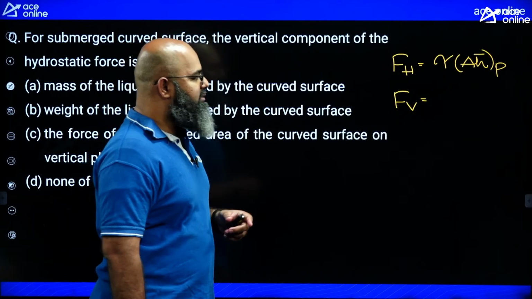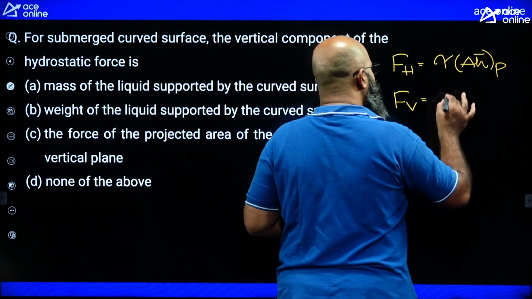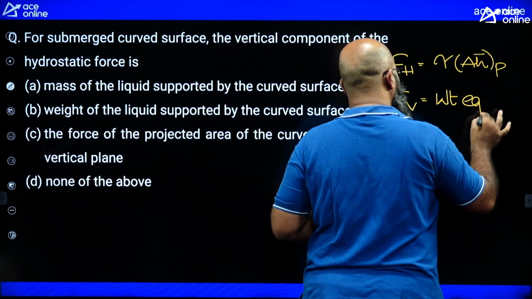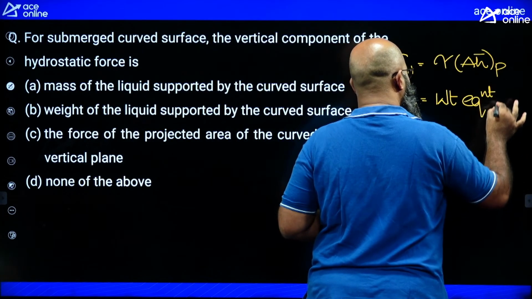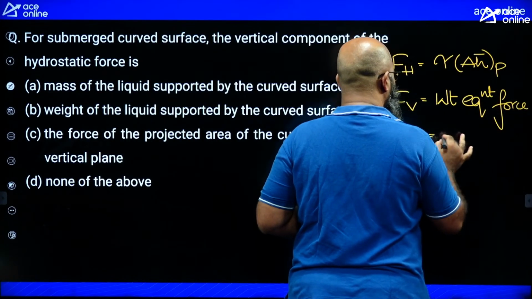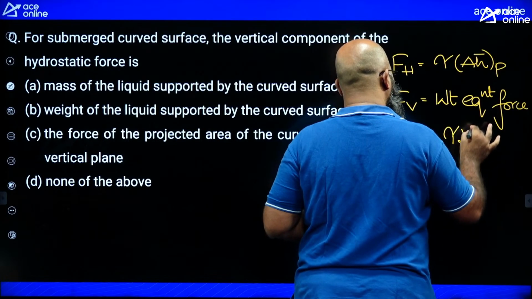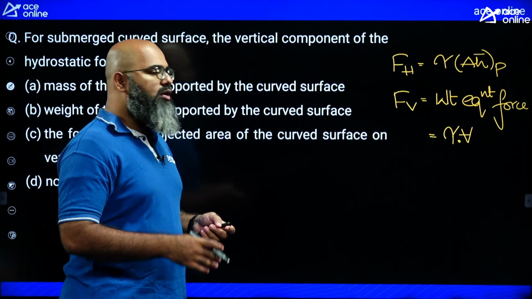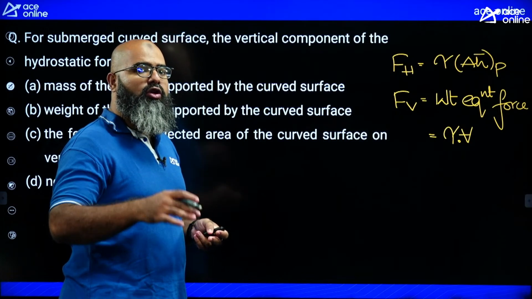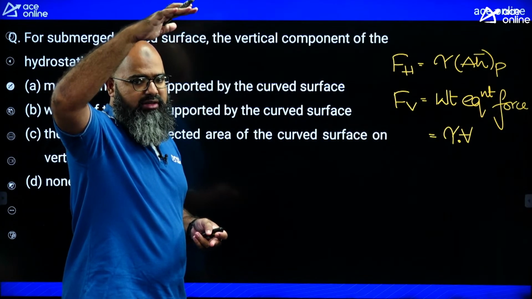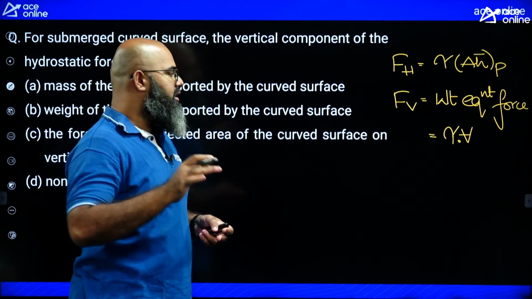Vertical component is equal to weight equivalent thrust. It is equal to gamma times volume, the weight equivalent force of the volume starting from zero pressure line or starting from the interface up till the curved surface.